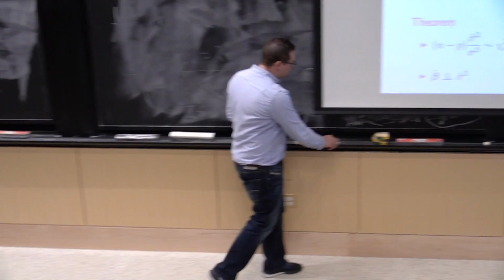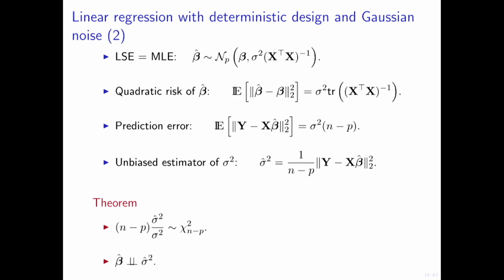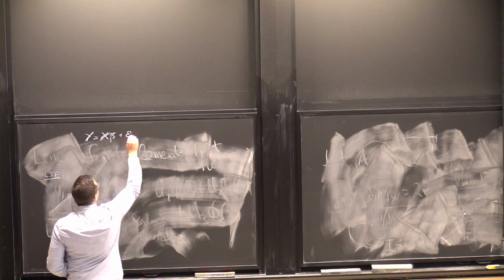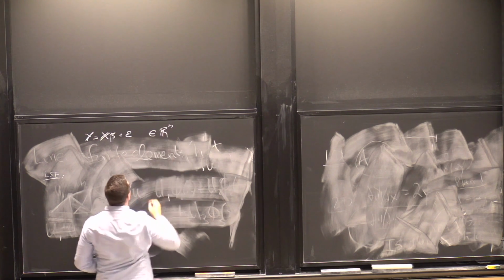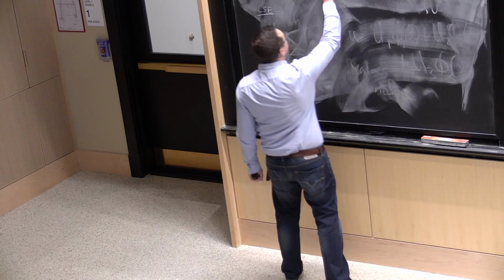OK, so going back to our estimator, we showed that the least squares estimator, in the case where we had some Gaussian observations, looked like this: Y was equal to some matrix x times beta plus some epsilon. This was an equation in R^n for n observations. And then we wrote the least squares estimator beta hat.